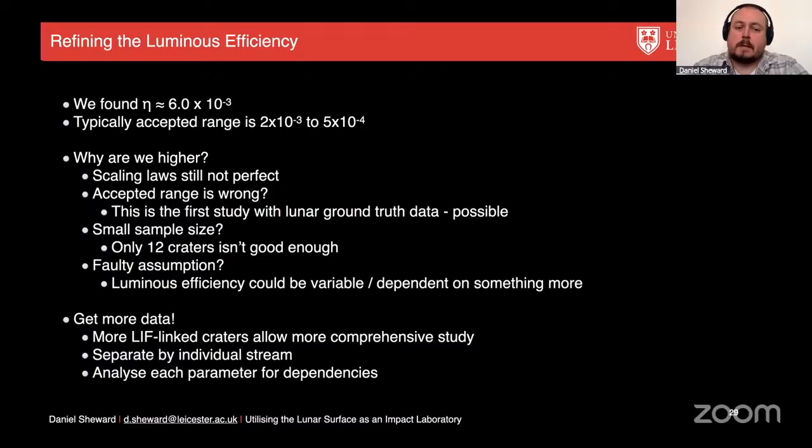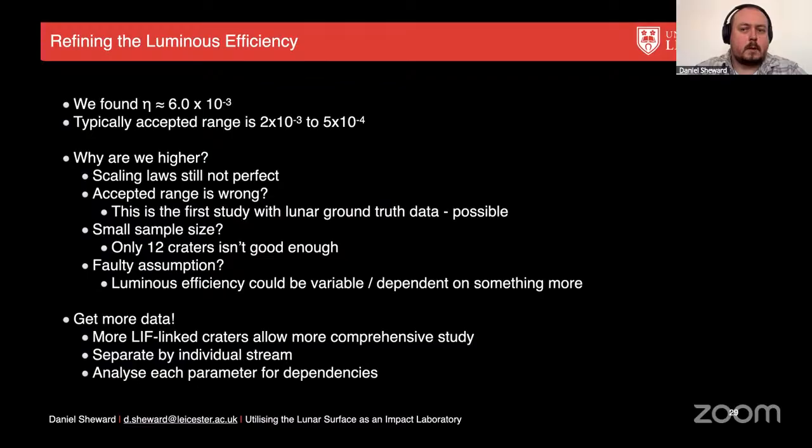So the way to answer the question of why we're higher is to simply get more data, keep running Pineapple, keep finding new craters, and try to get more of these to do a comprehensive study that is separated by individual streams. It could be that there's a stream dependency, and for each of these, we need to analyze each parameter independently to see if there's something more going on that we haven't considered.